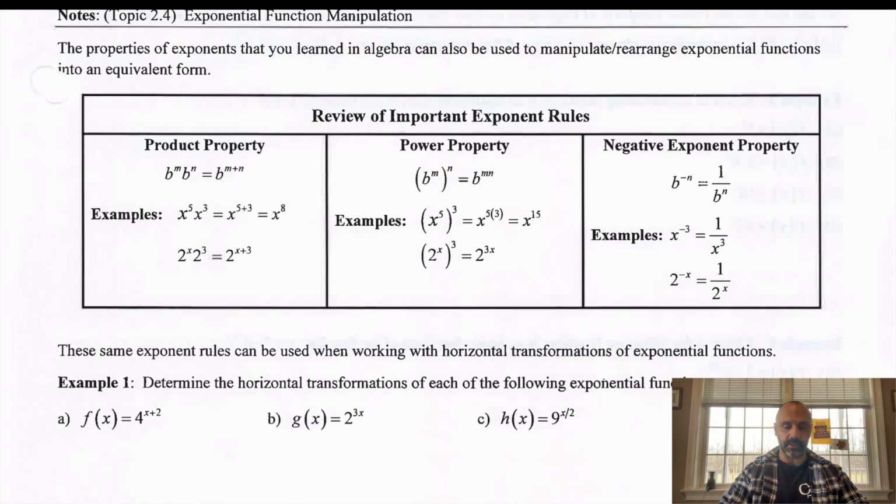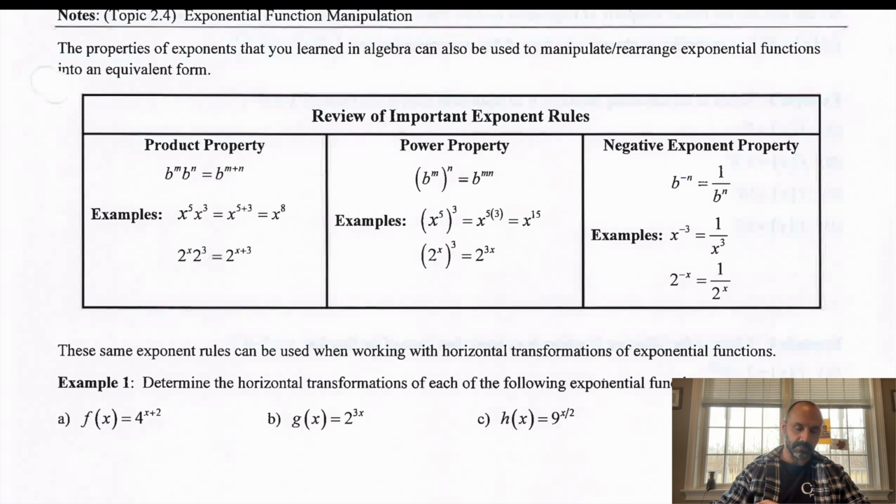When you've got an exponent inside parentheses, and then that is to another exponent, then you multiply the two. So for example, x to the fifth all to the third power is x to the 15th. And the negative exponent property: b to the negative n is equal to 1 over b to the n. And so x to the negative 3 is 1 over x cubed, etc.